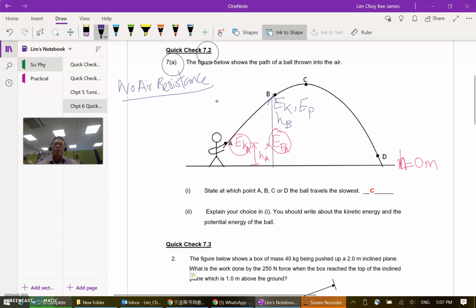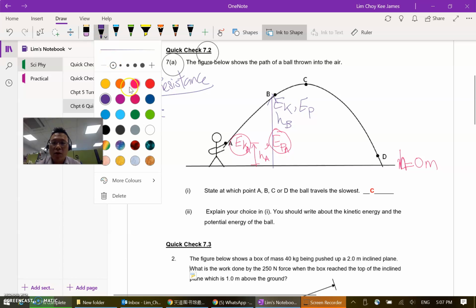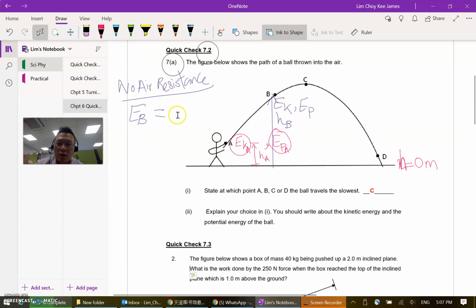If you look at it in terms of conservation of energy, the energy at point B is derived from the energy at point A, whereby the conservation of energy is taking place. Whatever energy I have at point A is converted to point B, just in various forms.